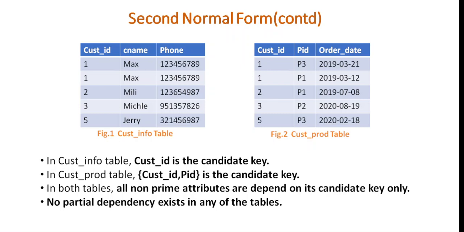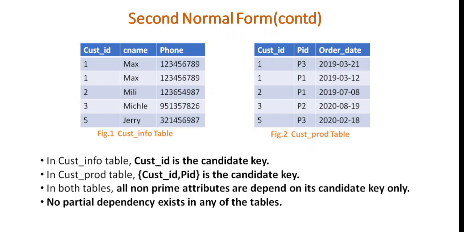So this is all about today's session. In today's session, we have studied two normal forms in normalization: first normal form and second normal form. First normal form is the basic normal form. Whenever we convert any ER diagram into relations, those relations will always be in first normal form. In first normal form, we don't want composite attributes or multi-valued attributes.